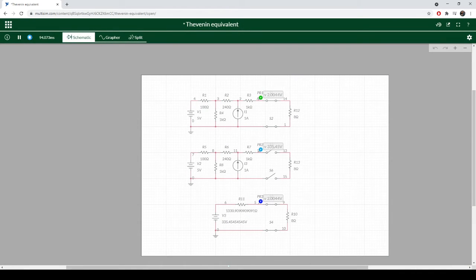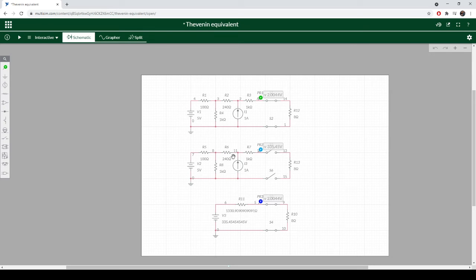But to find a Thevenin equivalent, what we have to do is first find our equivalent resistance, but then we have to find the voltage that appears across our load, so from here to here. And you apply all of the other analysis methods that you know of to figure this out.